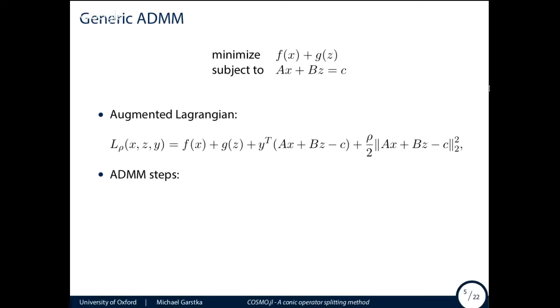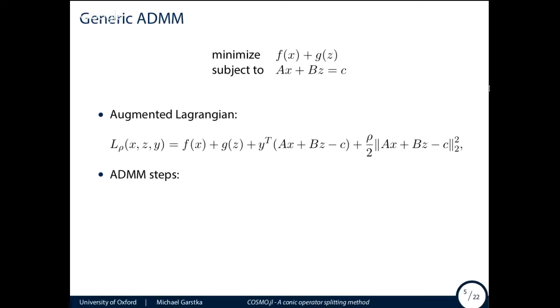And then you have some equality constraint on x and z. Then you formulate the augmented Lagrangian, so you move the equality constraint into the objective function. That gives you this dual variable y. And you also add what is called a regularization term that helps you with non-strictly convex problems.